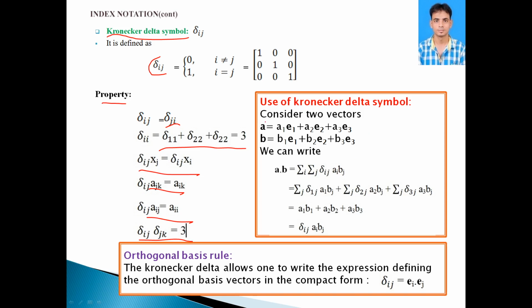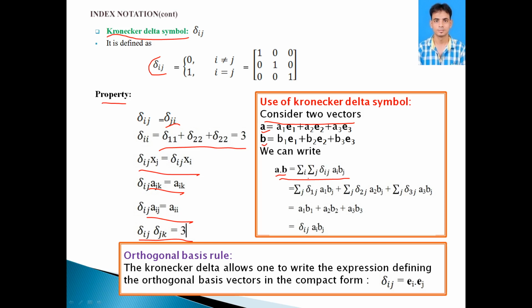Now let us consider an example. You have a vector A and another vector B, like this, and we can write A dot B in terms of delta_ij. That means the double summation, summed over i and summed over j, of delta_ij a_i b_j.